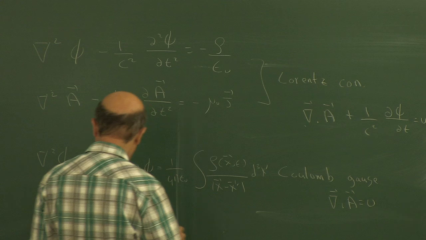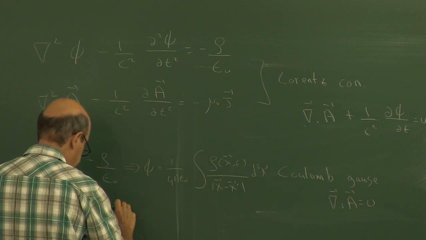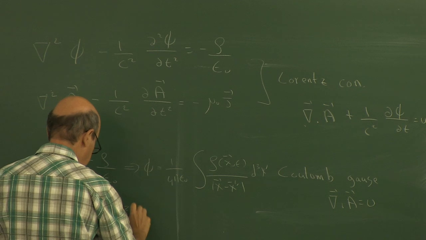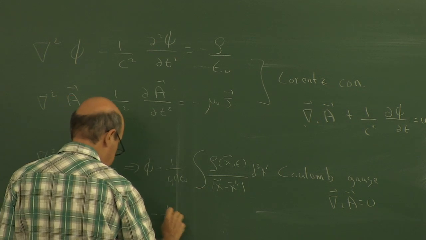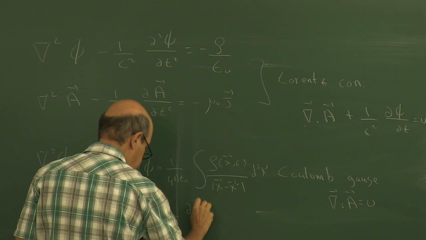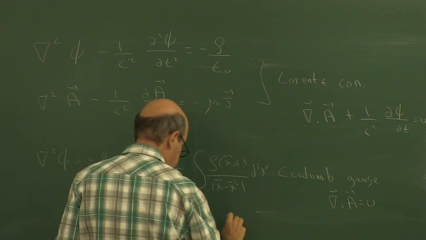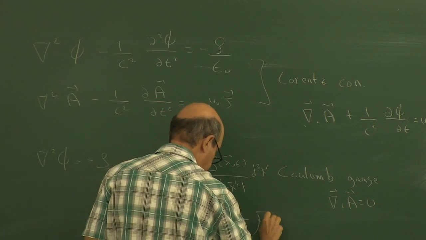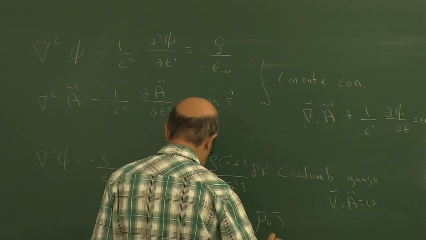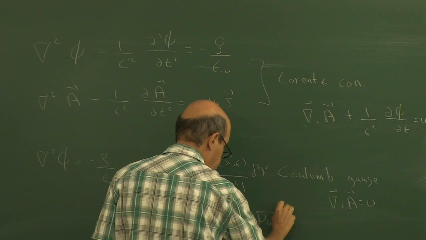So for the vector potential, we deduce the equation del squared A minus 1 over c squared del squared A over del t squared equals minus mu 0 times the transverse component of the current density.